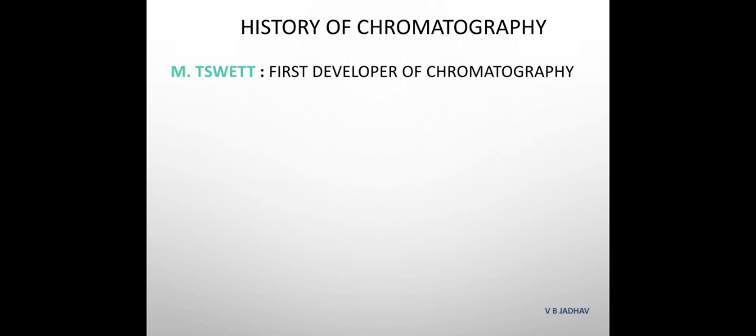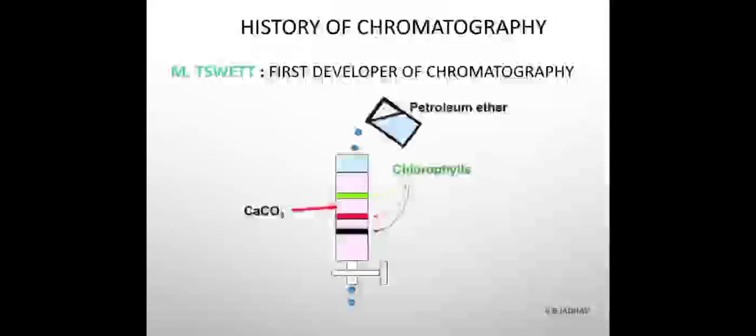Now we want to learn the historical background of chromatography. The scientist named M. Tswett first developed chromatography. He took a model having a glass tube with an arrangement for draining the liquid.